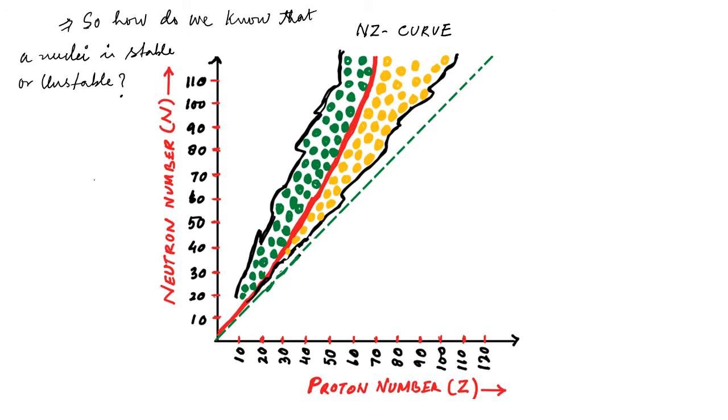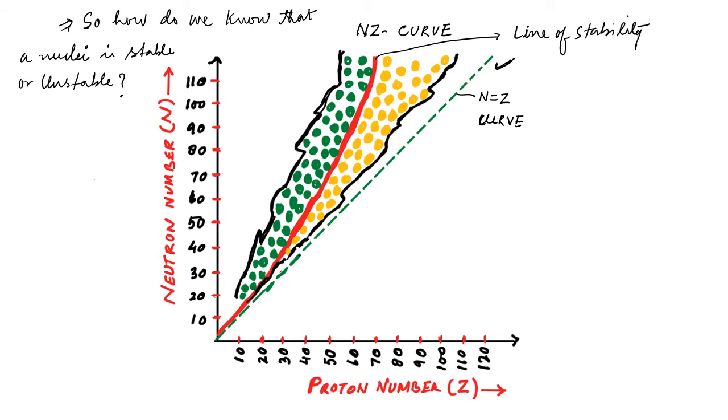As I told you, this is my N equals Z curve. All the nuclei which lie on this N equals Z curve have an equal number of neutrons and protons. But nature has found that this red curve is my line of stability.